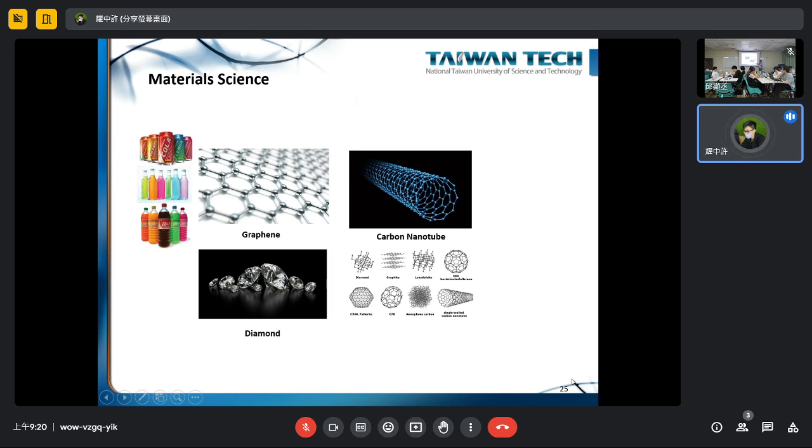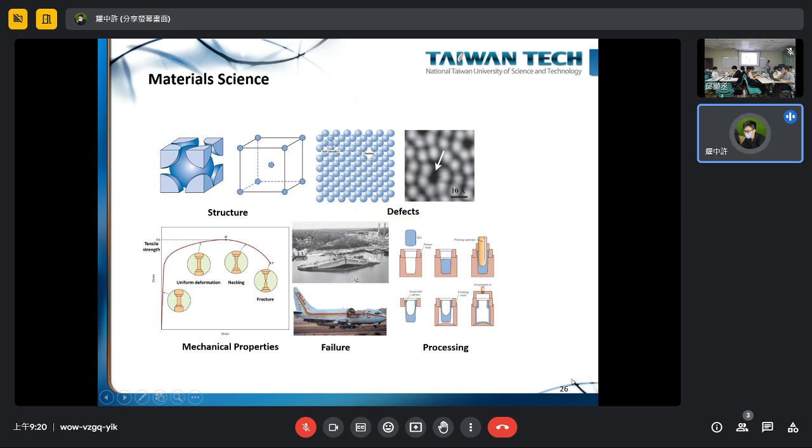So by different atomic orientation, you can actually change the properties of materials. That's what material science is about: we try to use the same element, and make different orientations and different thicknesses to achieve different applications.